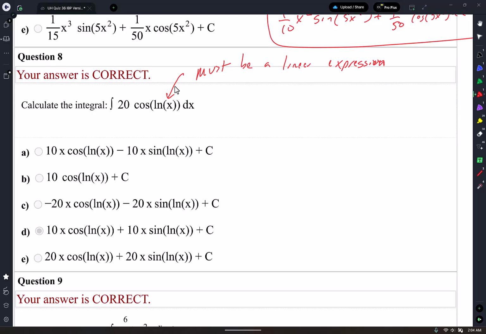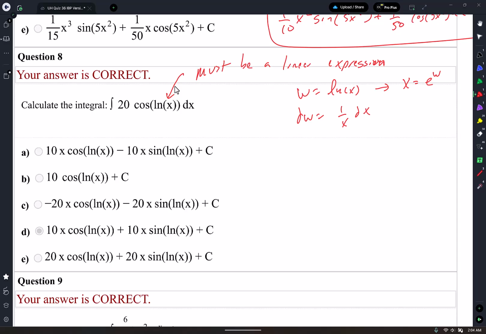So just like last time, we're going to do a hack. I'm going to say that w equals ln of x. So dw equals 1 over x dx. Let's see, how's that going to help us? From that, we know that x equals e to the w, because of inverse operations, right?